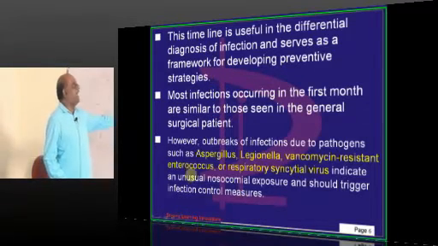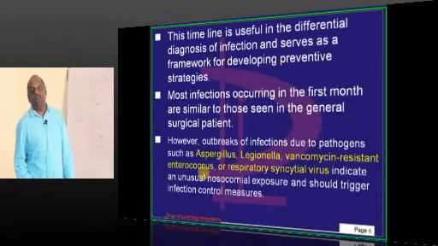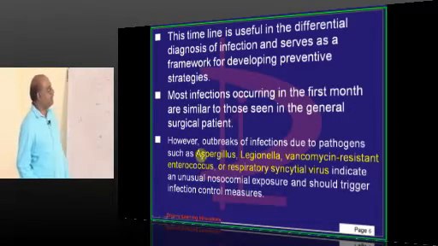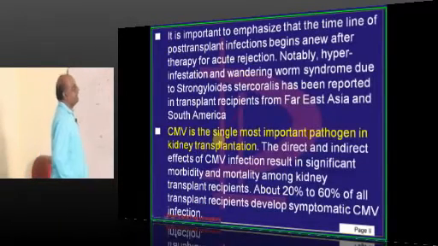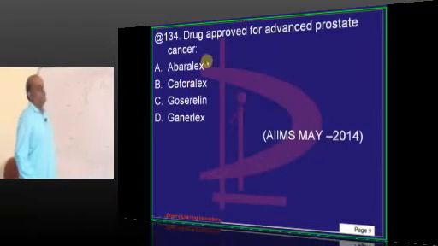So Aspergillus, Legionella, vancomycin resistant Enterococcus, all hospital acquired infections are common post transplant whenever they occur within 1 month. So that's the point you need to basically remember. So most important out of all is the CMV.